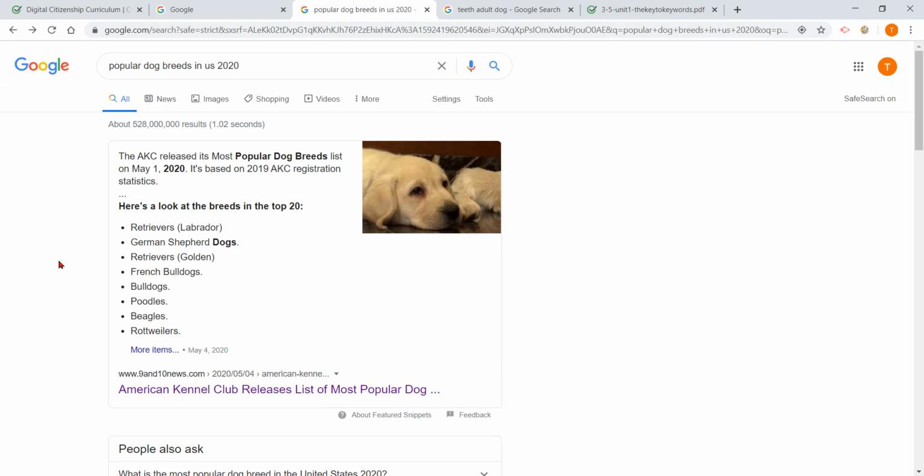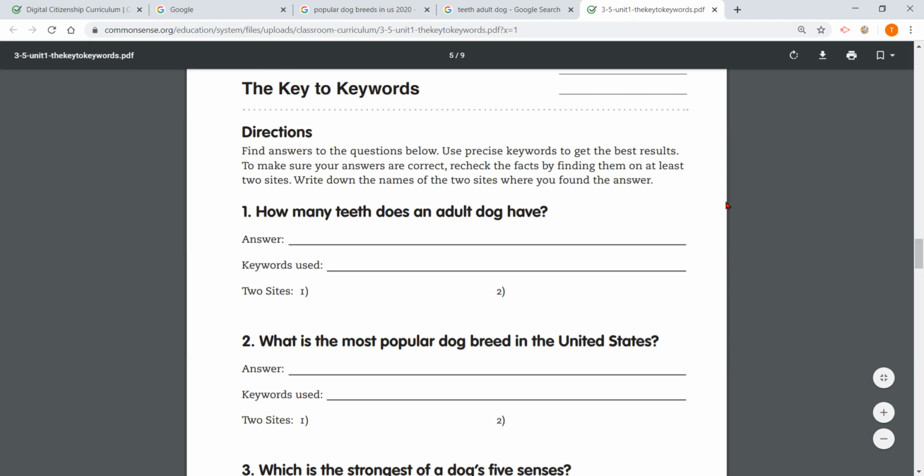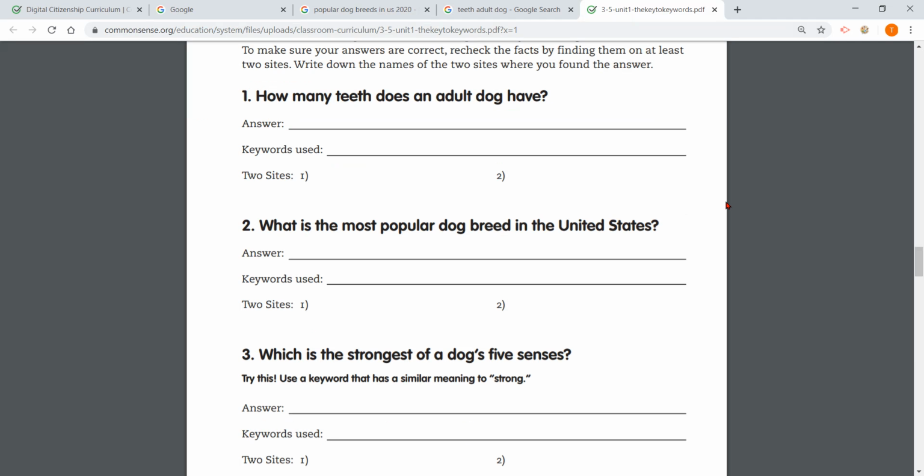So let's go back to our worksheet. I think what we'll do here, instead of answering this question, are we still recording? Yes, we are. We're going to run out of time here. We might talk about using synonyms another time, but you can always use keywords that have a similar meaning.